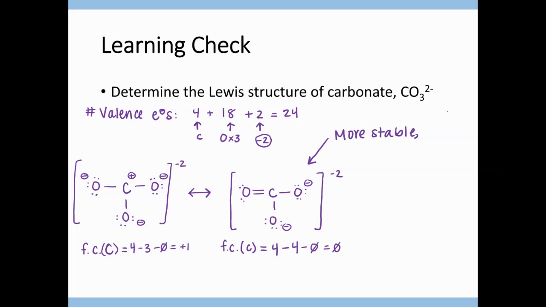Does the +1 mean it has 1 less electron or 1 more electron? So, okay. It's complicated with formal charge because the number of valence electrons that the atom brings, the number of electrons in their valence shell, and the number of electrons owned by that atom for formal charge are 3 different things.